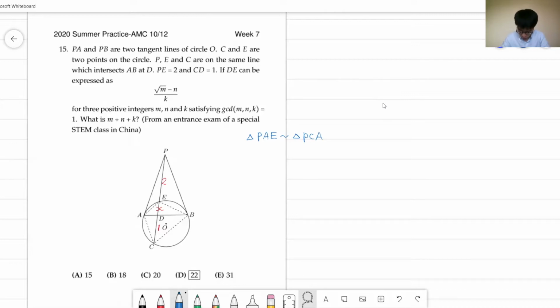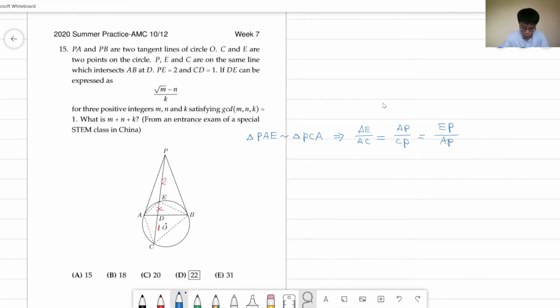Okay, and this means we have AE over AC equals AP over CP and equals EP over AP.